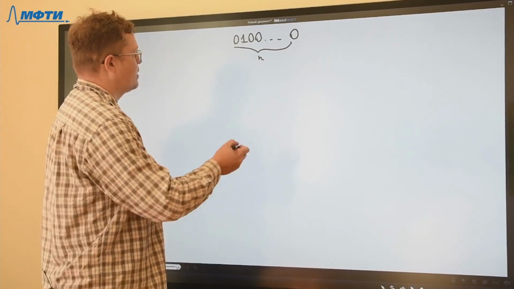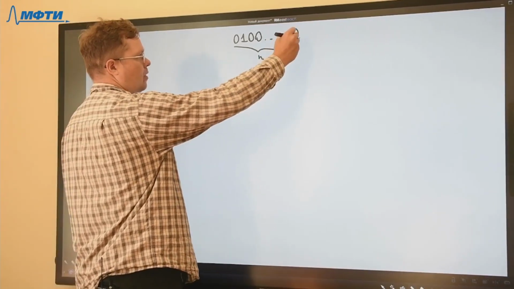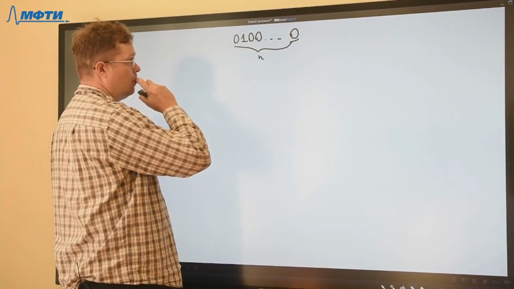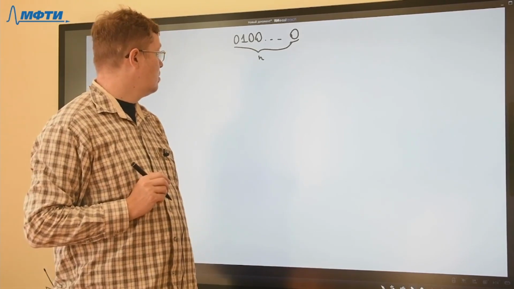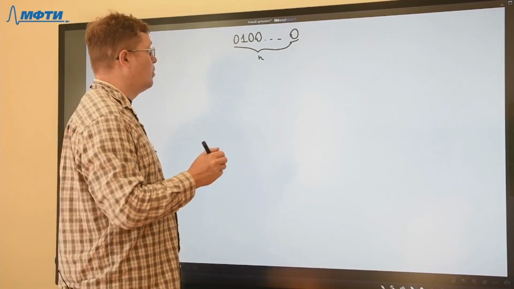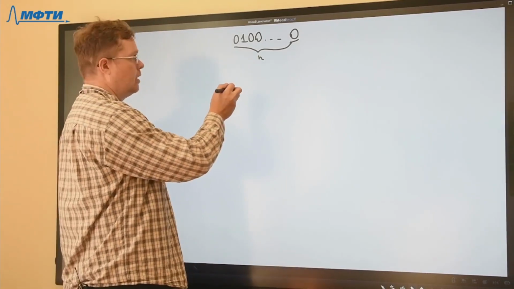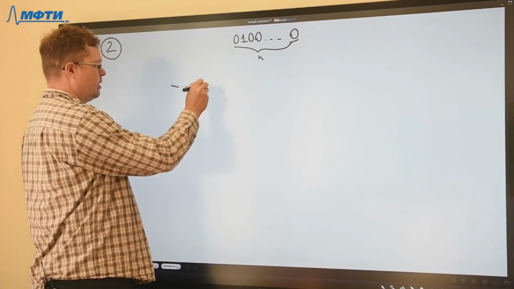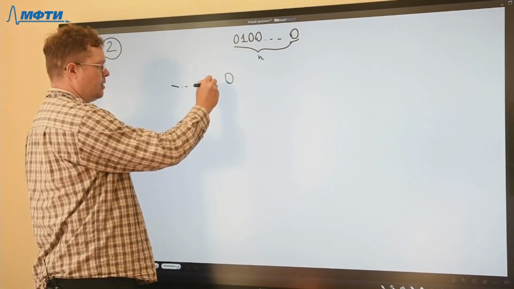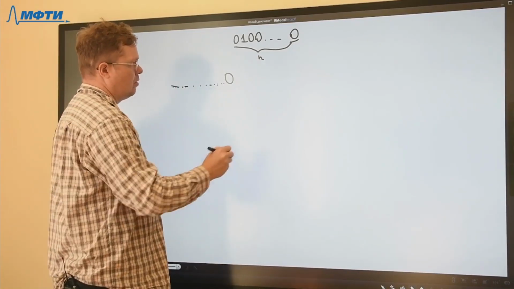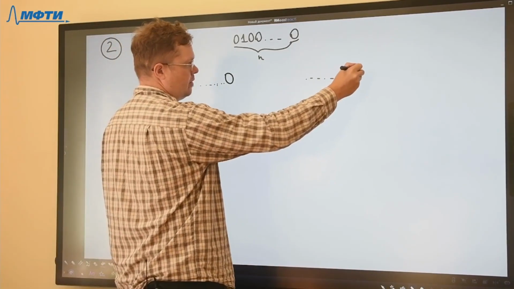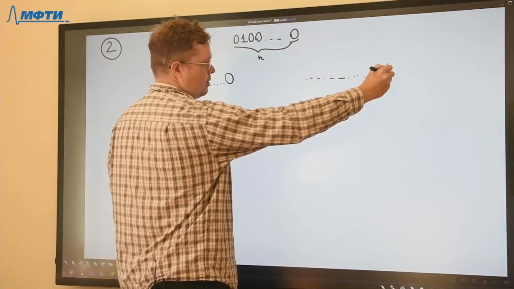Let's look at the last number. So we have 2 different options here. Either the last element of this sequence is 0, or the last element of the sequence is 1.